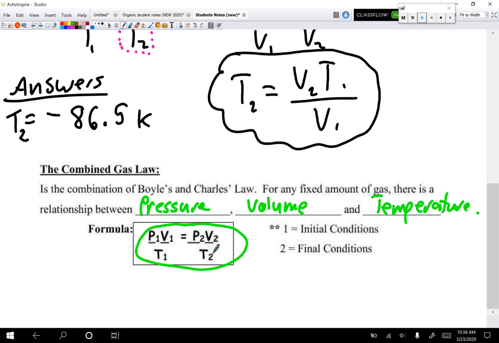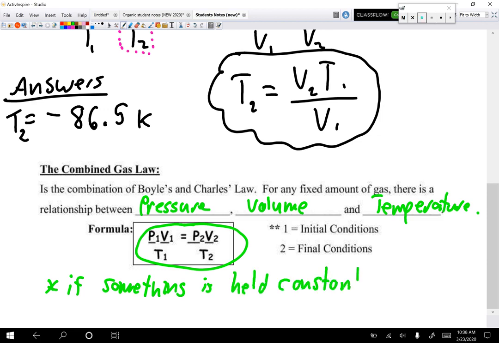So now when you are reading these questions, if something is held constant, omit it from the equation.